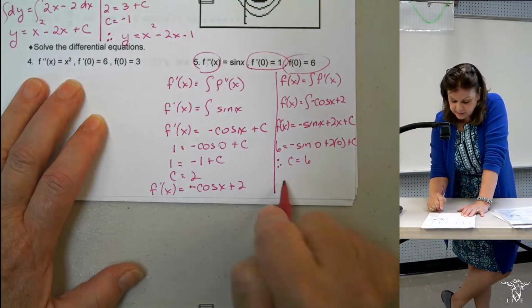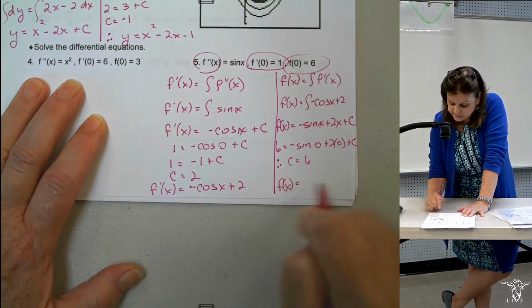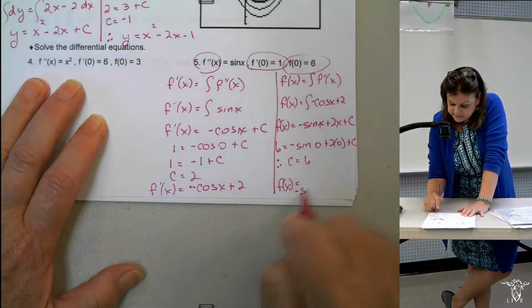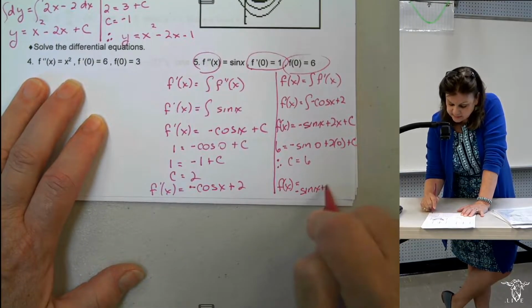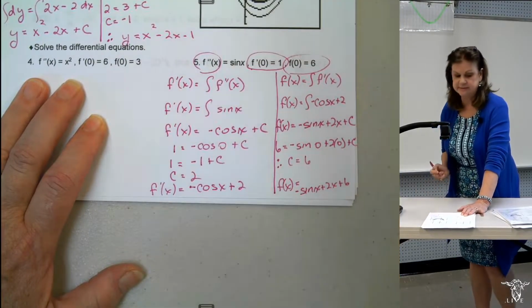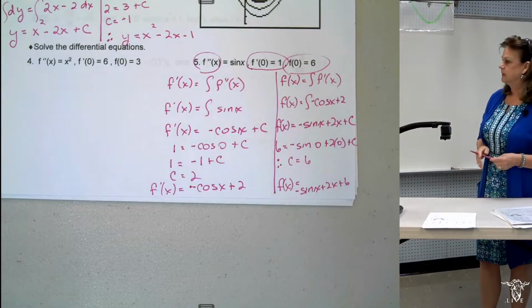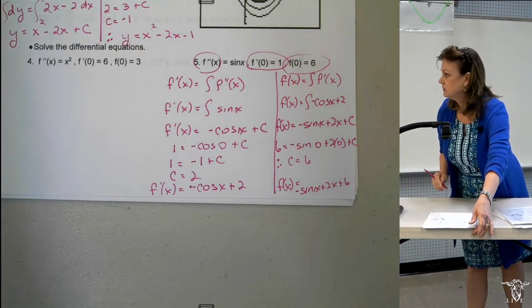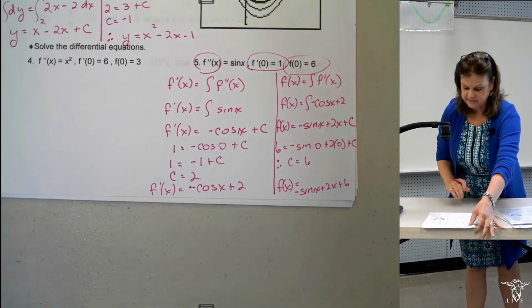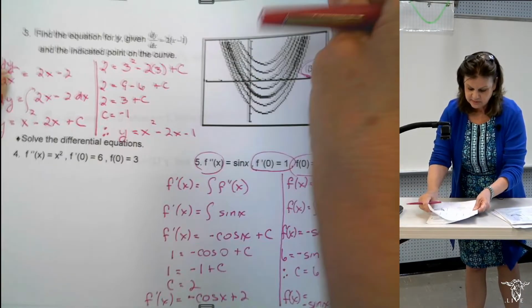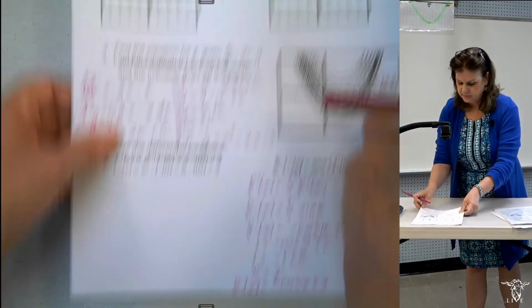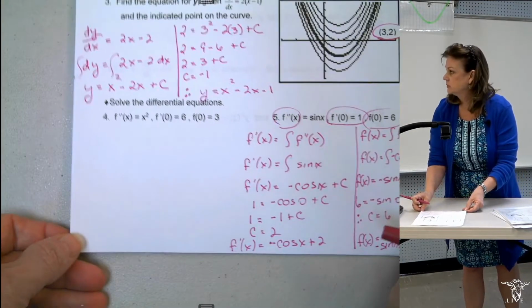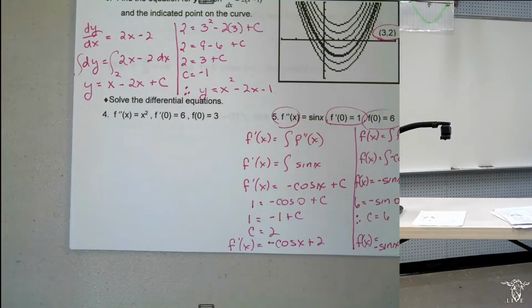So our function, and I'm really out of room and I'm sorry, is negative sine x plus 2x plus 6. Okay? All right, take a minute and work problem 4. I'll just work it on another piece of paper and put it up there. That way you still have it.